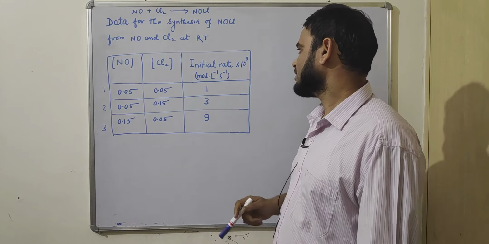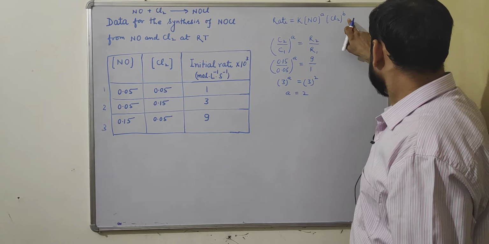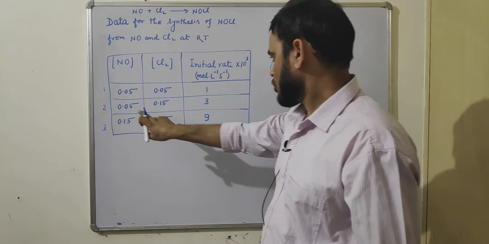Similarly, for the calculation of B, we will select row 1 and row 2, in which the concentration of NO is constant while the concentration of chlorine is varying. Now we will put these values in the equation.